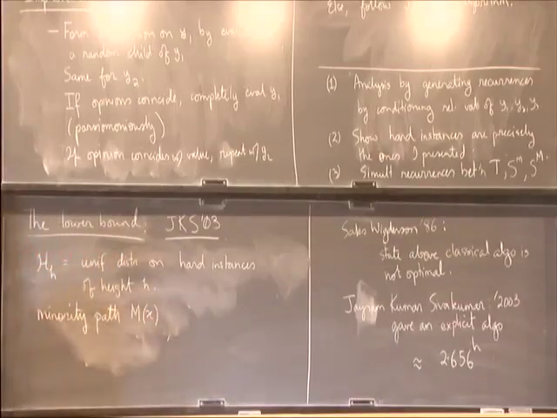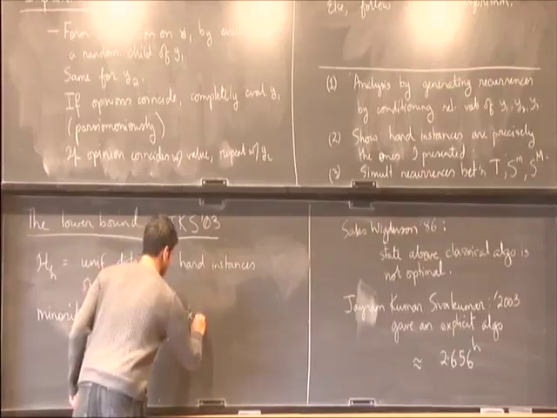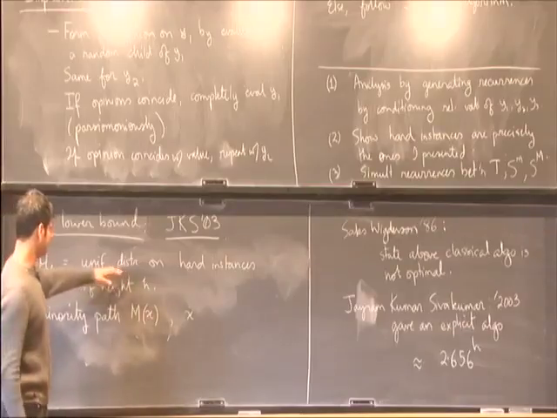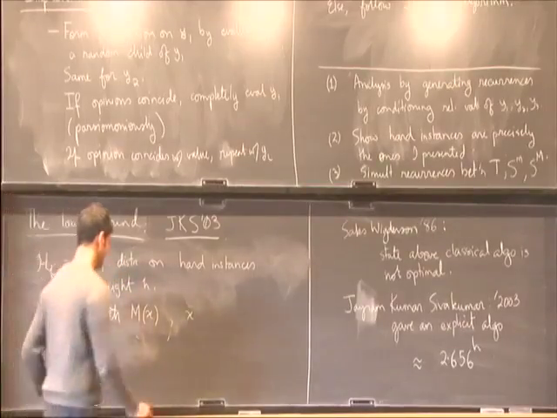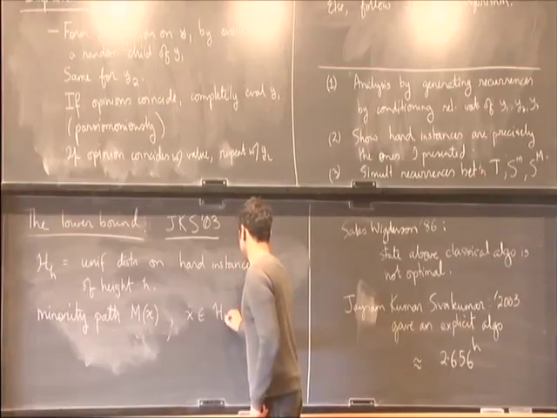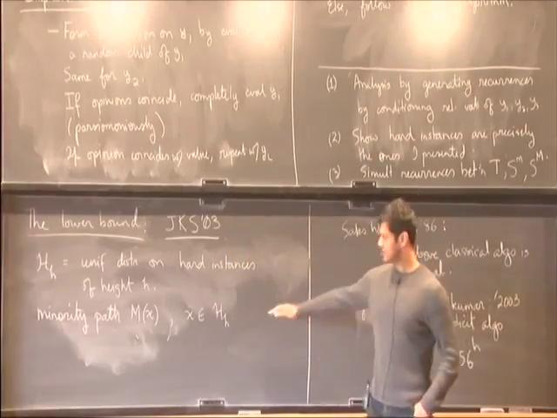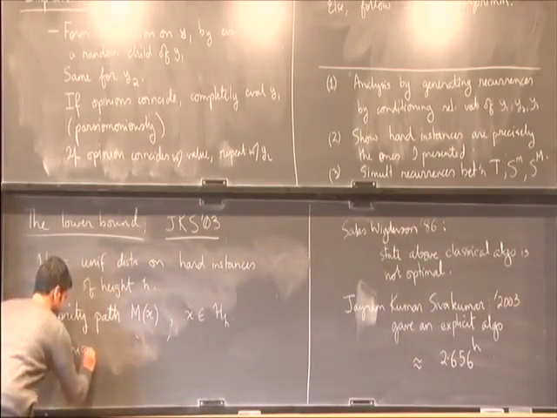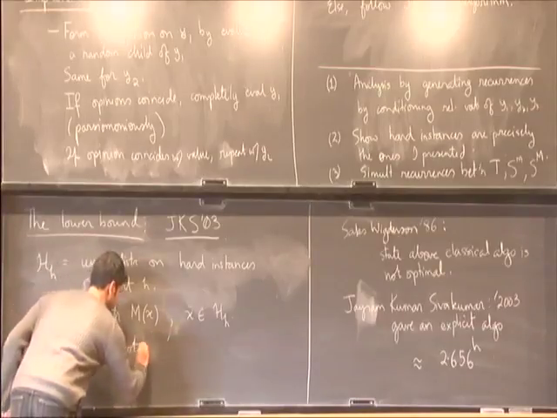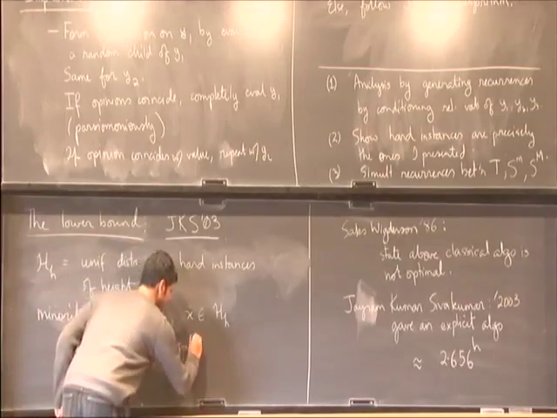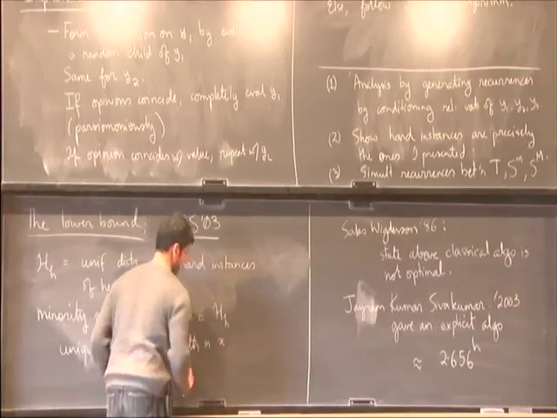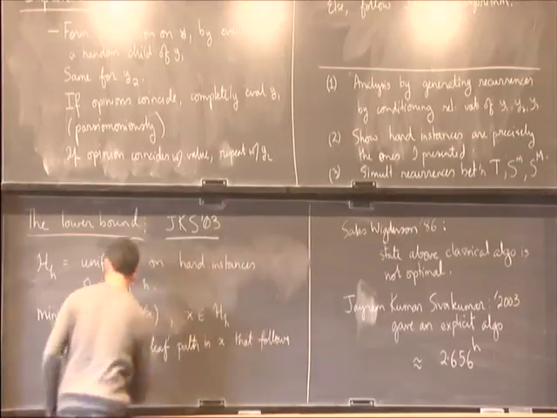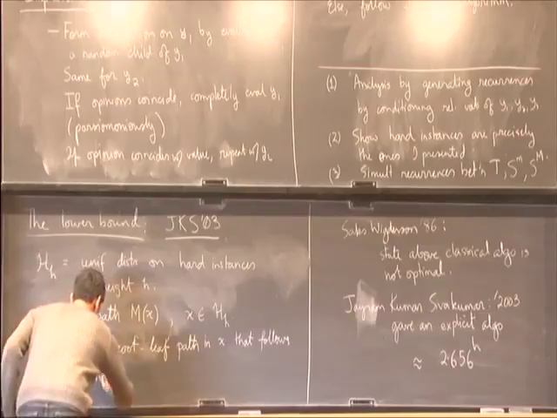Let's denote it by m sub x, where x is a sample point. I'm going to use H sub h for both the uniform distribution on these hard instances and for the sample space itself. So let's say x is one of these hard instances. This minority path consists of the unique root to leaf path in x that follows the minority child at every node.